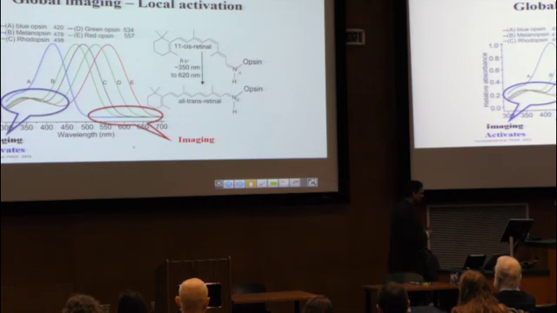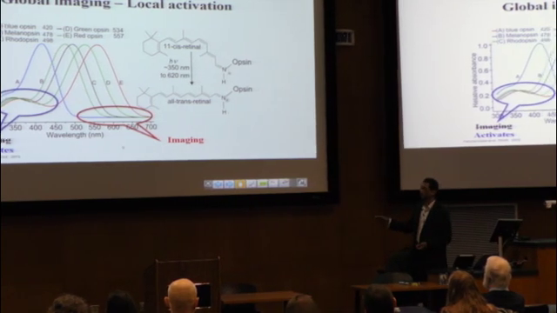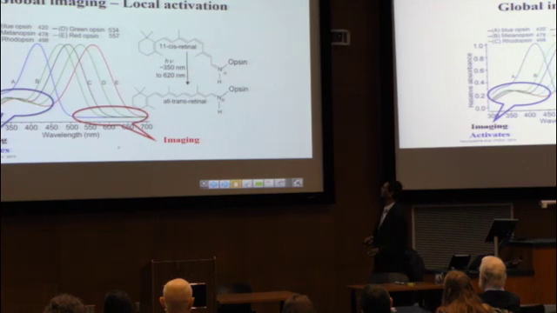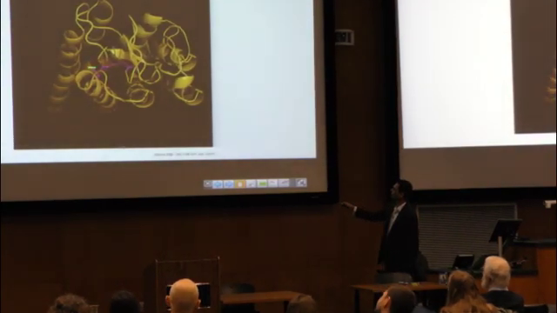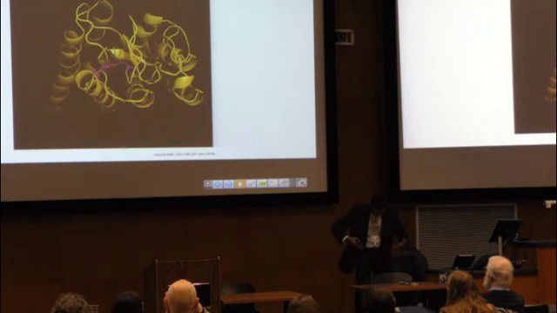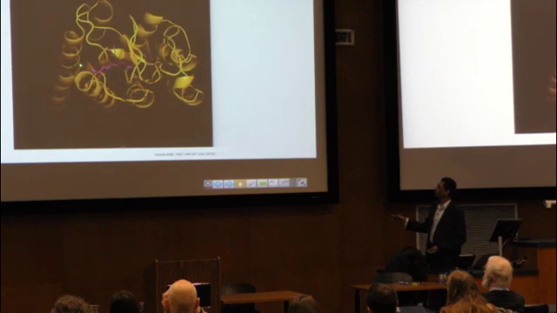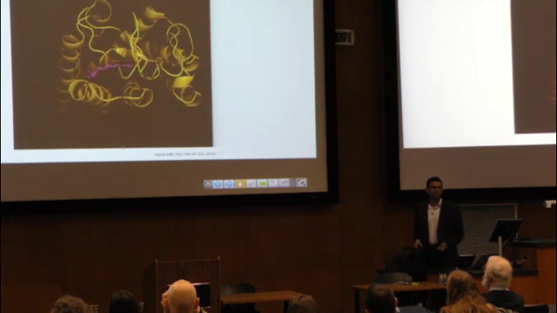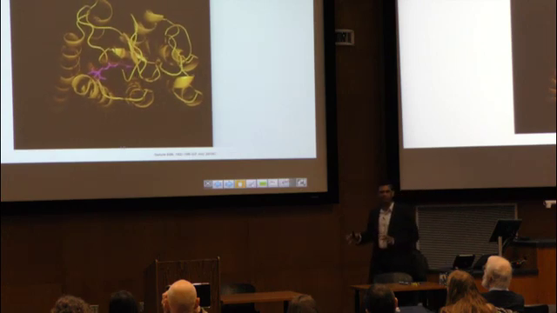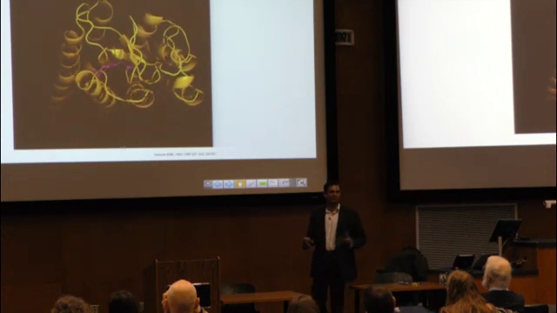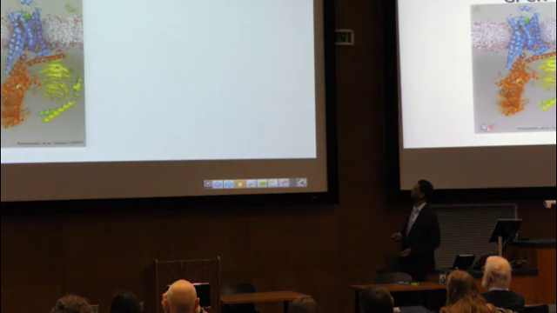This chemical change is sensed by the receptor and then activates the G proteins inside the cell. So here is the retinal inside the receptor. I'm looking at the receptor from below, and you can see upon absorption of light, retinal changes structure, and the entire receptor changes structure. So the protein bound to this receptor also senses that change. So this is the light reception process.